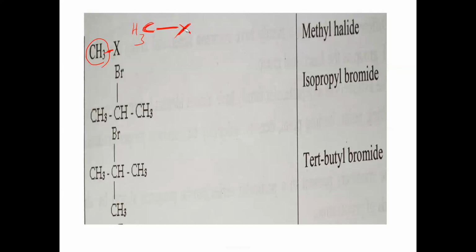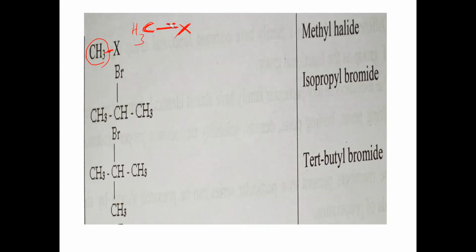Any halogen you take here, fluorine, chlorine, bromine, iodine, any halogen will have more electronegativity than carbon. Between C and X, which is more electronegative? Halogen, any halogen. That's why the electron pair of this bond will be close to the halogen, not close to carbon. Here a bond pair is there, where the carbon contributes 1 electron and the halogen contributes 1 electron, right? Now the 2 electrons of this bond, that is the bond pair, are close to what? The halogen. The bond pair is close to the halogen. Okay.